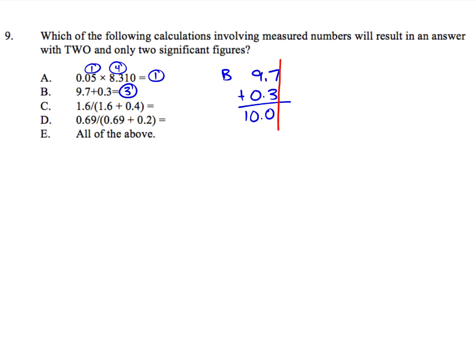Okay, let's try C. First, let's do the addition part. 1.6 plus 0.4. We get 2.0. There's our cutoff. This number only has 2 sig figs.